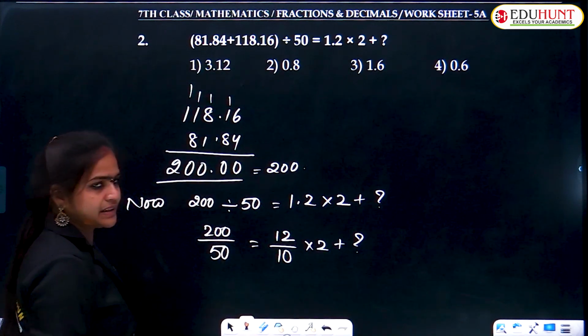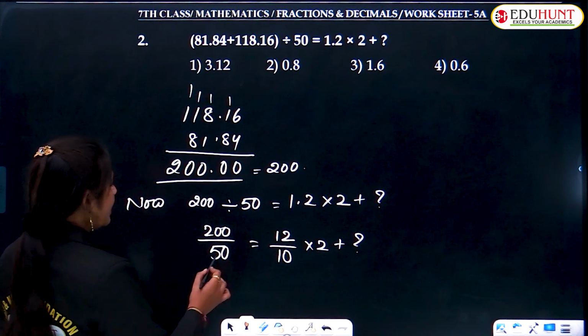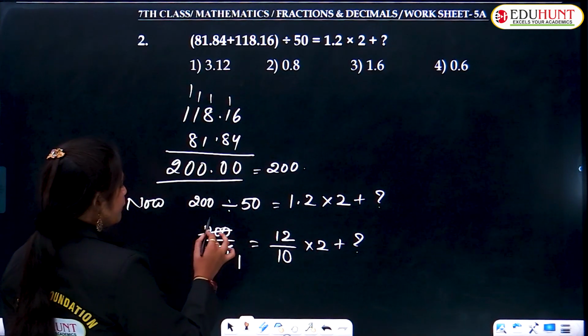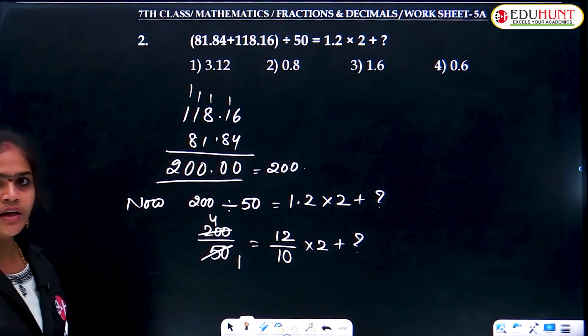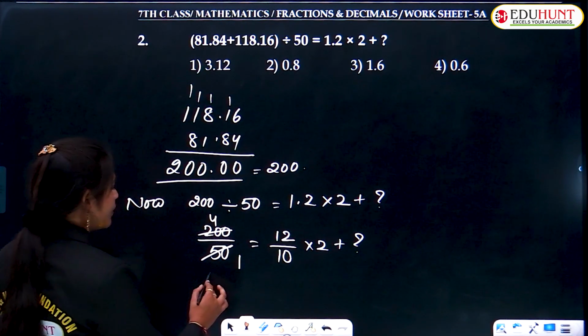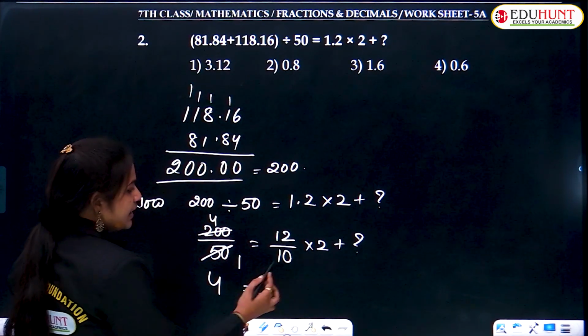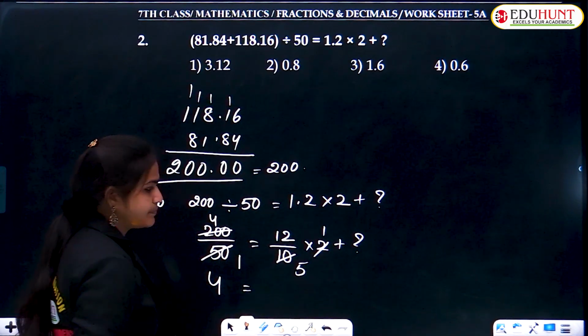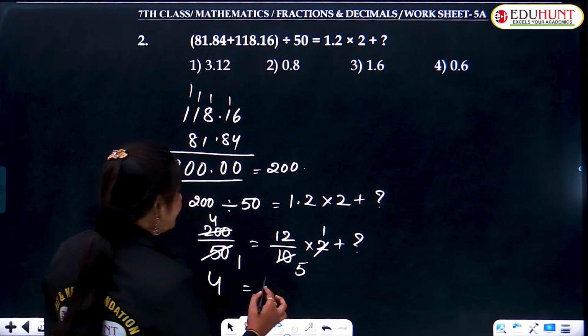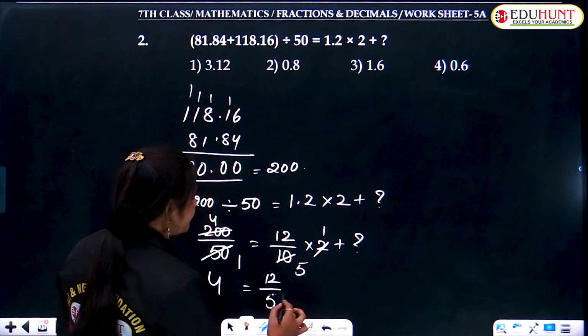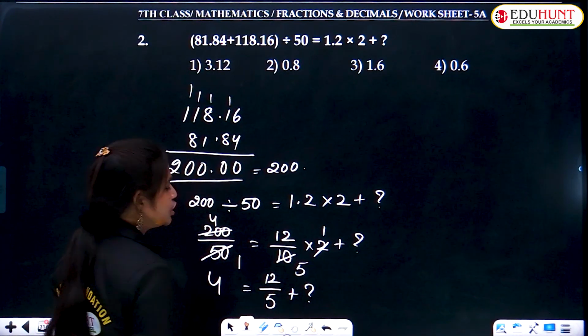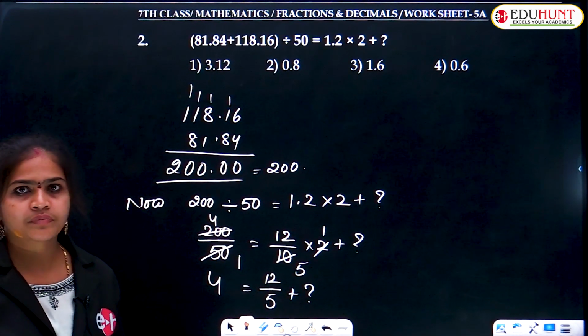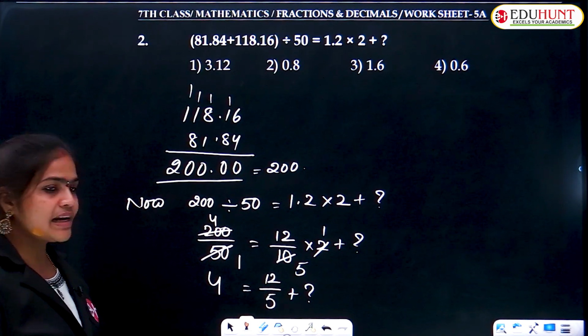Which number will you get? Understood? Now here 5 ones are 5, 5 fours are 20, cancellations are there, no? 2 5s, 2 1s, 2 5s. Now 12 by 5 plus the question mark, which number will you get here?